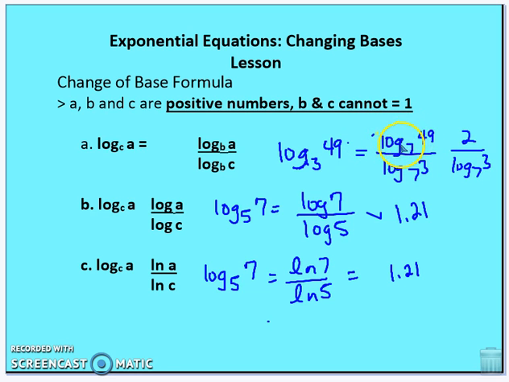You can see that in this case I was able to simplify the numerator by using a base of 7, in this case log base 3 of 49. Changing the base to 7 and rewriting this as log base 7 of 49 over log base 7 of 3, which allowed me to simplify the numerator, which doesn't really get me anywhere.